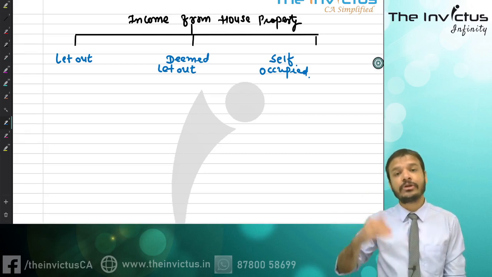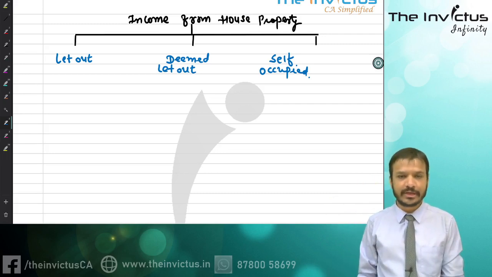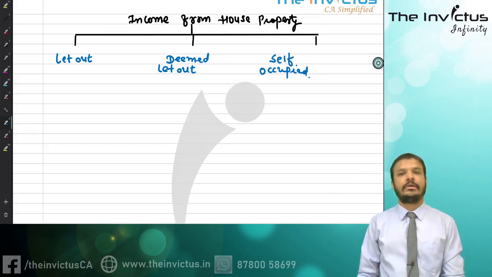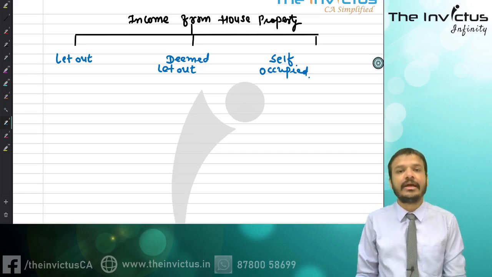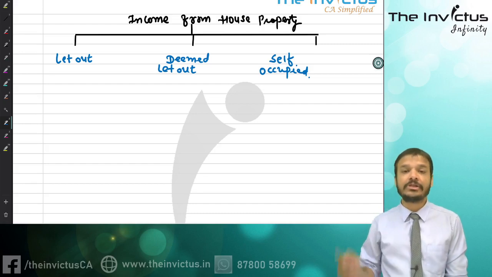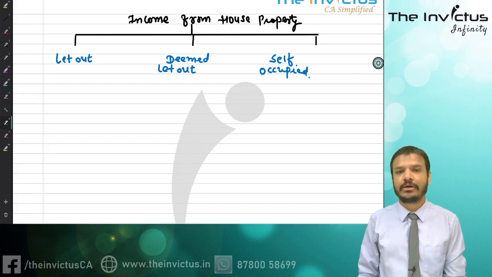If the assessee is using it for its own business purpose, then there is no question of income from house property. So self-occupied property is used by the assessee for its own residential purpose, and the remaining properties will be considered deemed to be let out. Only two properties you can claim as self-occupied, and the remaining properties, if not actually let out, are deemed to be let out property.